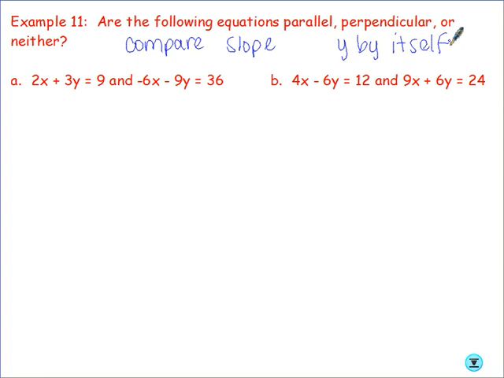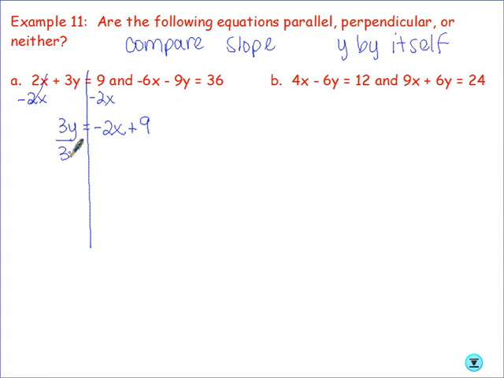So this first equation, I need y by itself. To get y by itself, I need to subtract 2x to the other side. That leaves me with 3y. Now we know we cannot put those together. X comes first, negative 2x. Whole number comes second, plus 9.